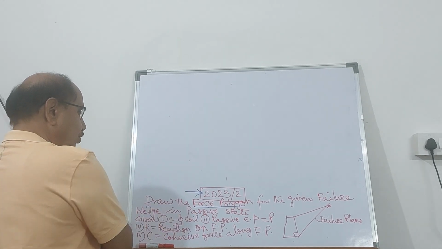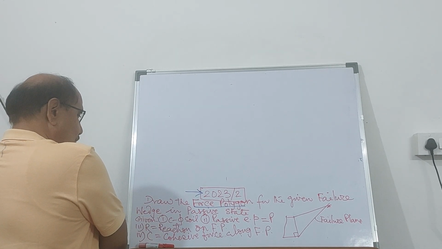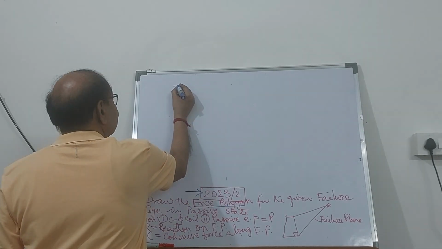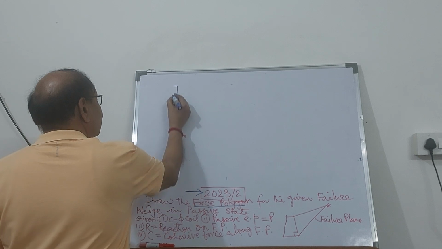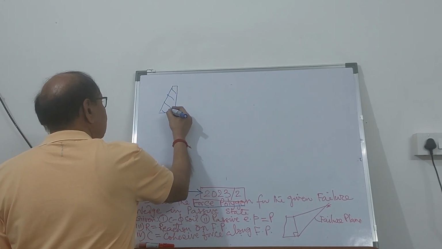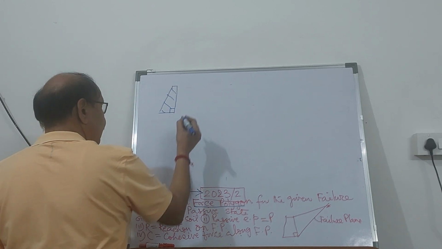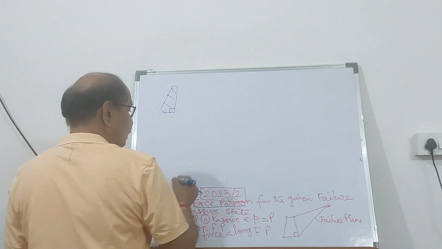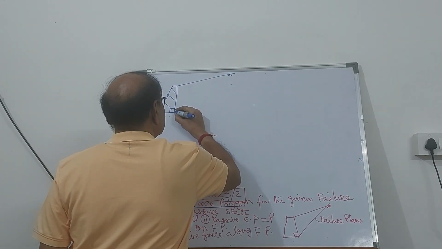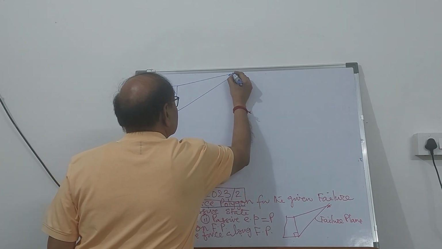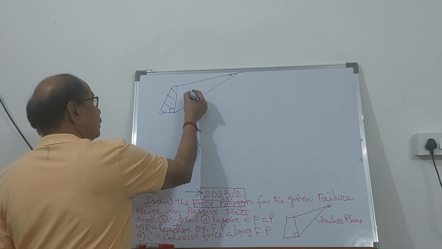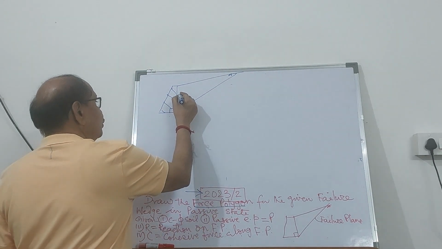So you have a failure wedge which is in passive state. This is the wall which has been given in the question. This is the retaining wall. This angle is 90 degrees, and this is the wedge.